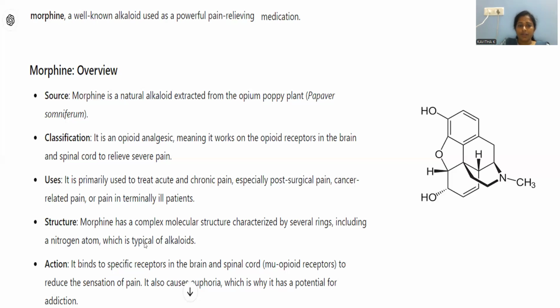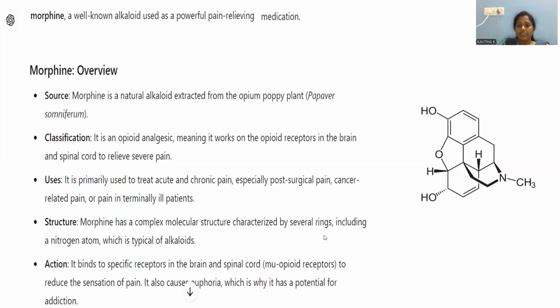The structure of morphine is a complex molecular structure. If you observe, it is a polycyclic system and a very complicated structure. So many ring systems are there, heteroatoms are there, and functional groups are located. With the twisting of the molecule and the stereochemistry, the entire molecule is a very complex one.